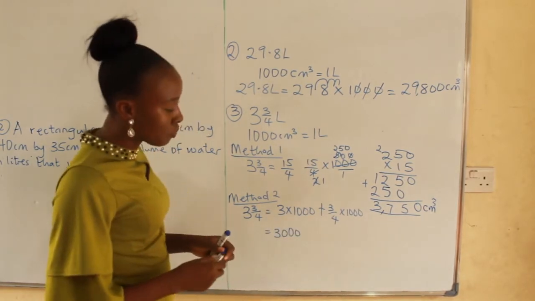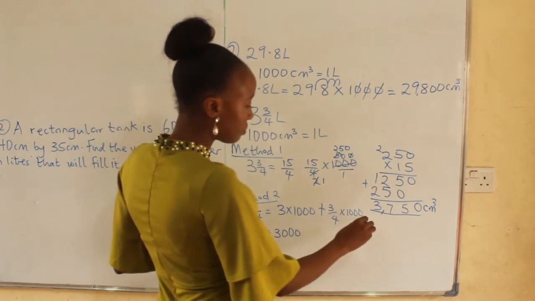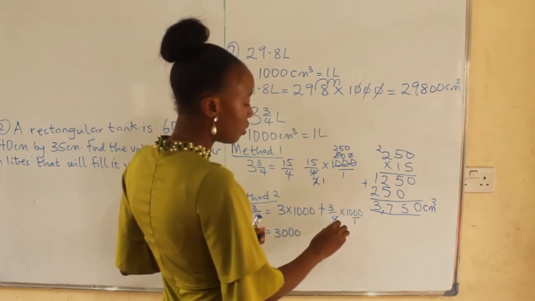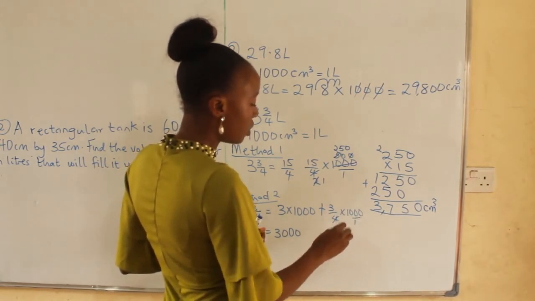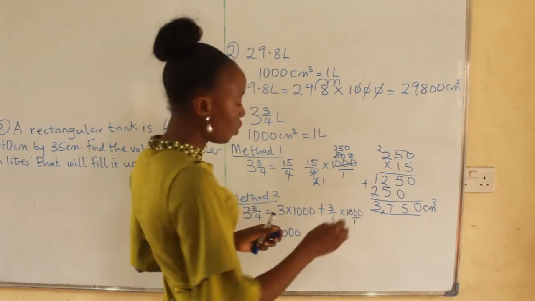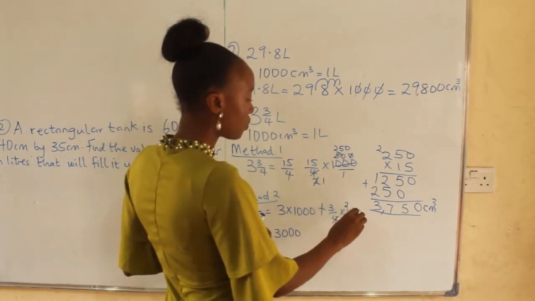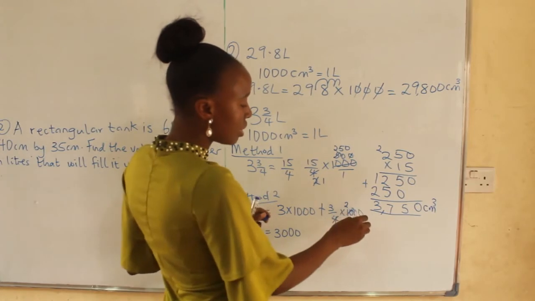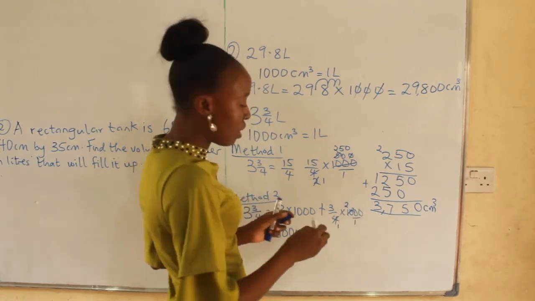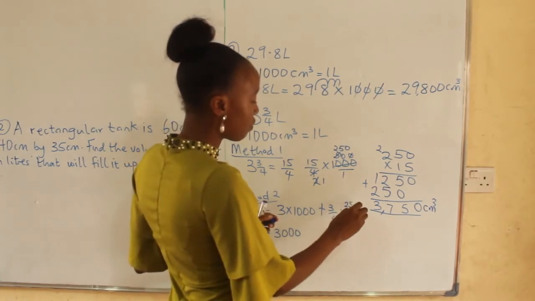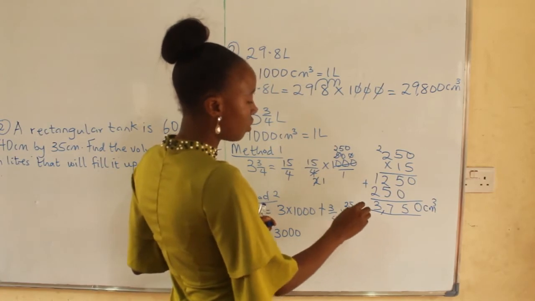And 3 over 4 times 1000, 4 into 10 equals 2, remember 2. 20, this is now 20. 20 divided by 4 is 5. And 0 divided by 4 is 0.